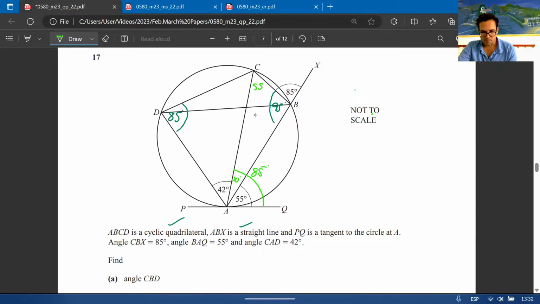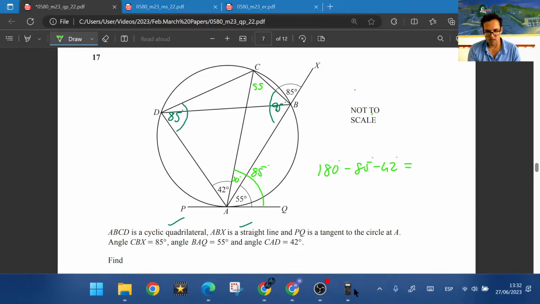In fact, I can find angle PAD now. So if we do 180 minus that 85 minus 42, what's that going to be? 95 minus 42, 53. Is that right? 53 is angle PAD.